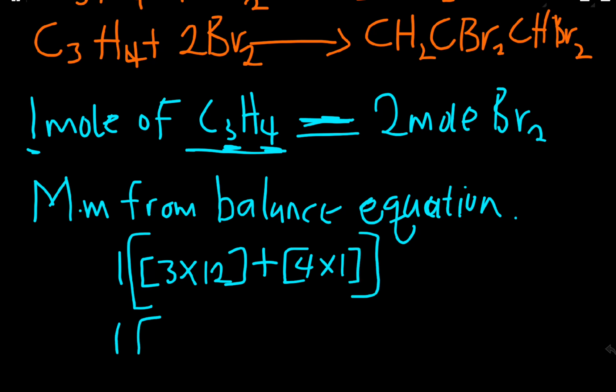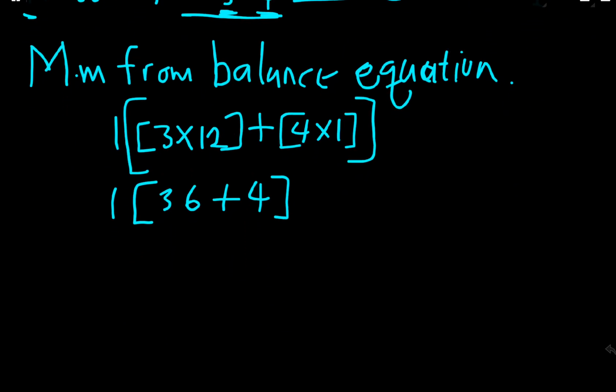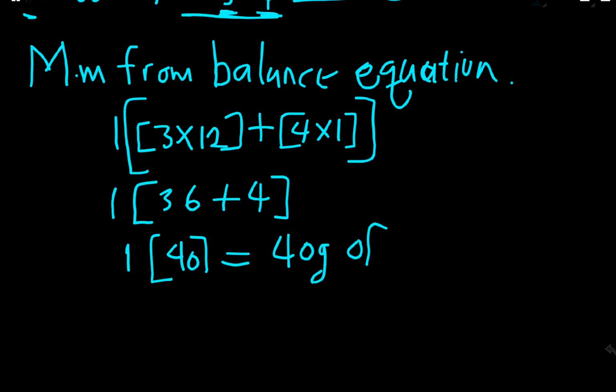You get 1 bracket, 3 times 12 is 36 plus 4, and we arrive at 36 plus 4 is 40. 1 times 40 is 40 grams. So 40 grams of C3H4.